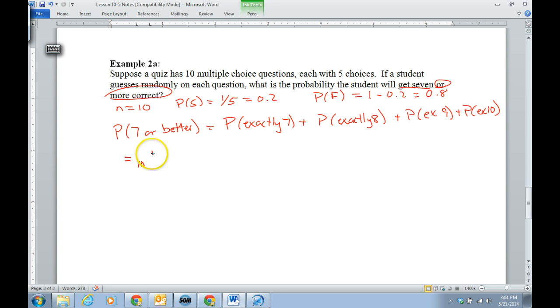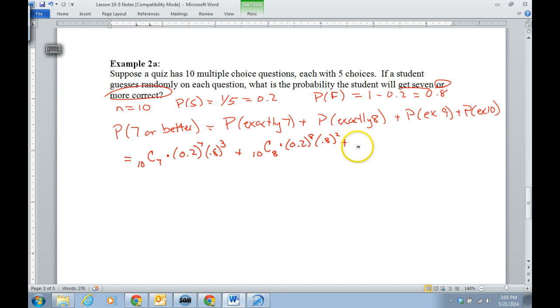10C7 times, okay, the probability of having success is 0.2 to the 7th power. Probability of failing at this point is 0.8 to the 3rd power. Okay, 7 plus 3 is 10. So we have to make sure that those powers are adding up to 10. All right, the probability of 8 is going to be like this. 10C8 times 0.2 to the what power? 8th, and 0.8 to the 2nd.